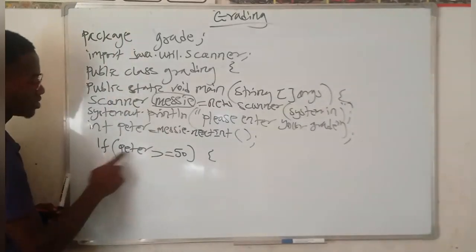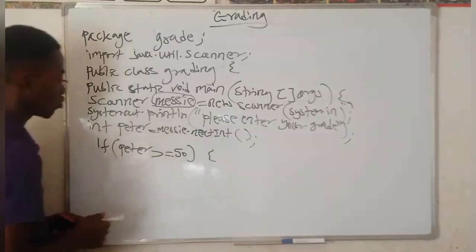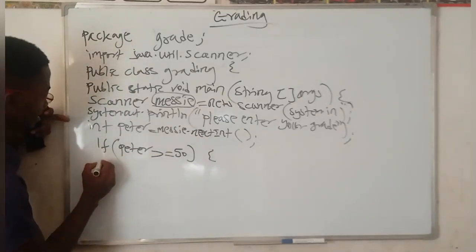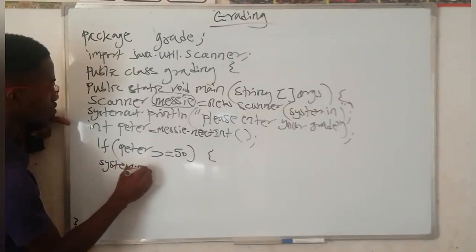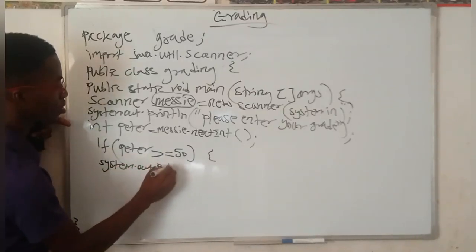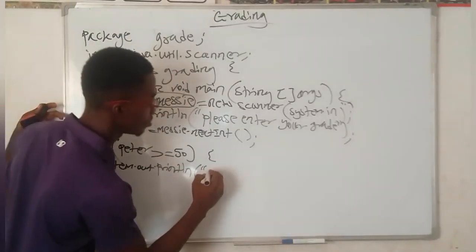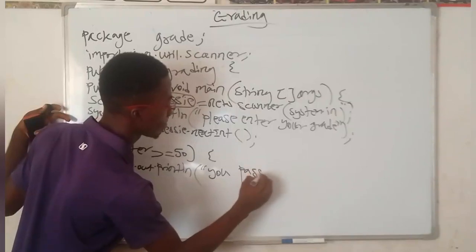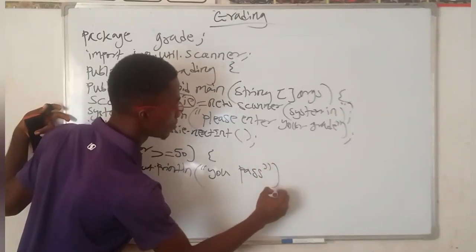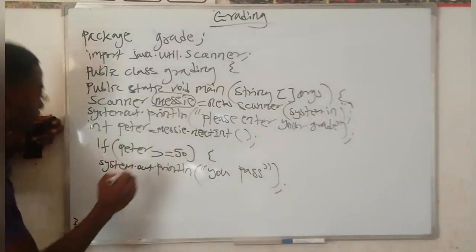So this Peter, greater than or equal to 50%, what will happen? We say here, again, the equivalent method, System.out.println with a quotation, "You pass", and end with a quotation. Then what will happen?